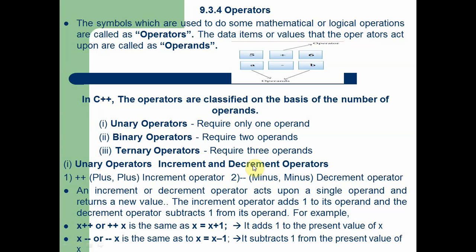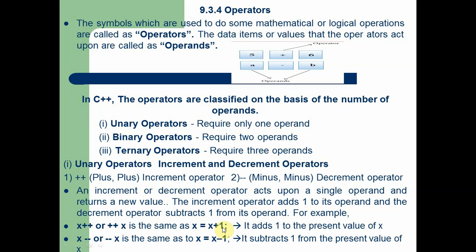So these increment, that is plus plus, and decrement, minus minus operators, what do they do? They simply do incrementing by 1 or decrementing by 1. For example, you can use the plus plus operator on a single operand like x plus plus or plus plus x. What will happen? It is the same as x is equal to x plus 1. So the meaning of x plus plus or plus plus x is x plus 1.